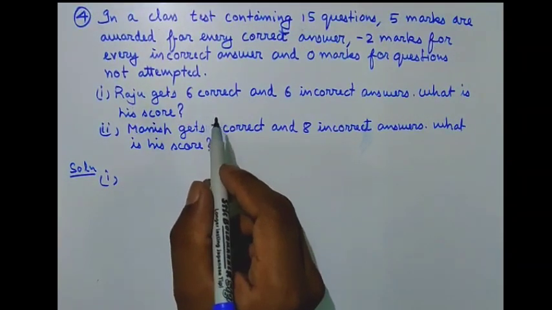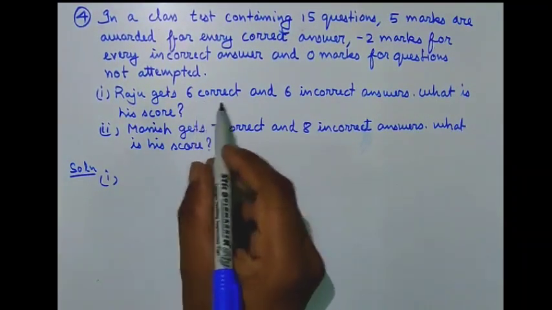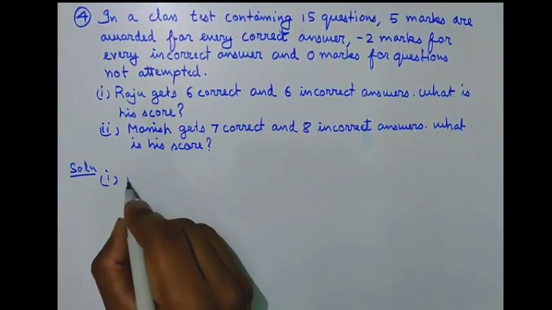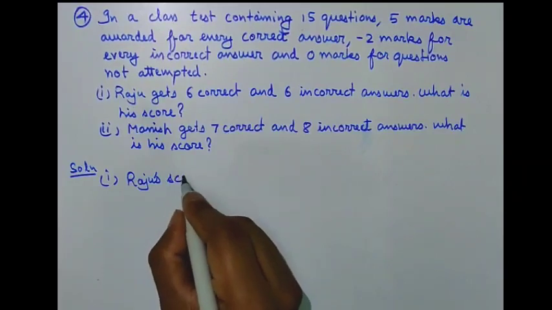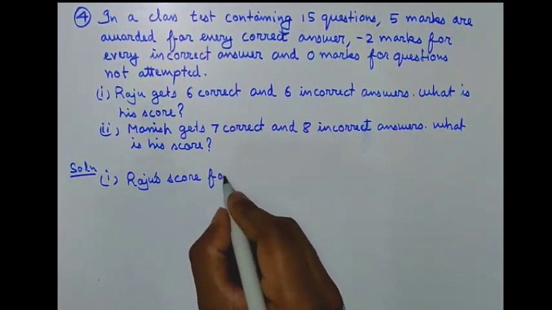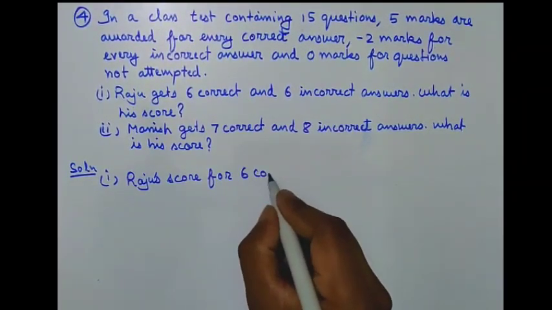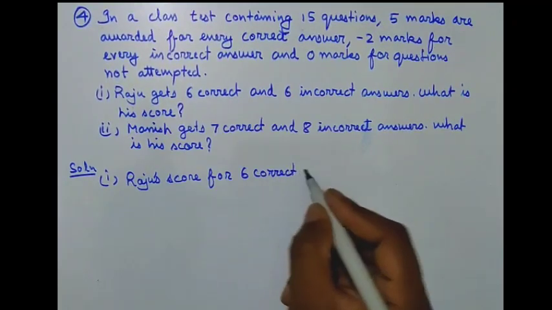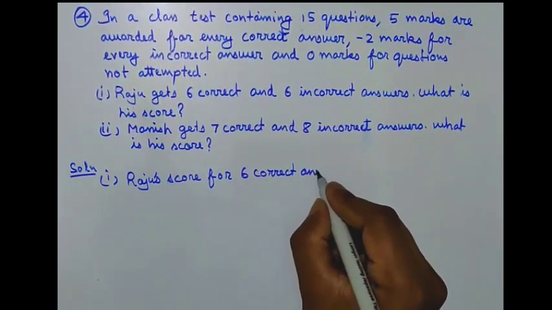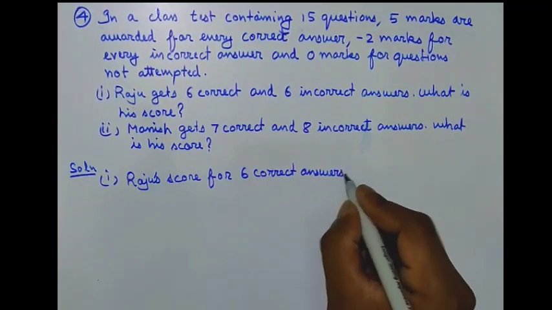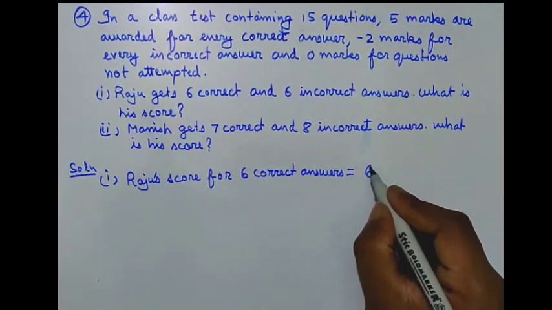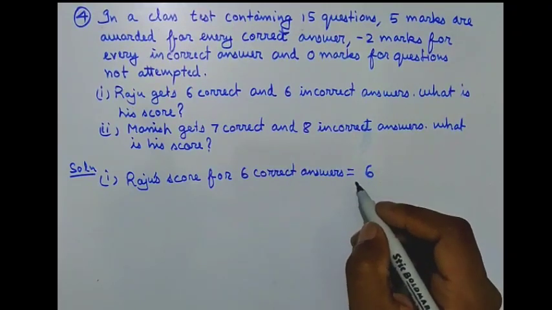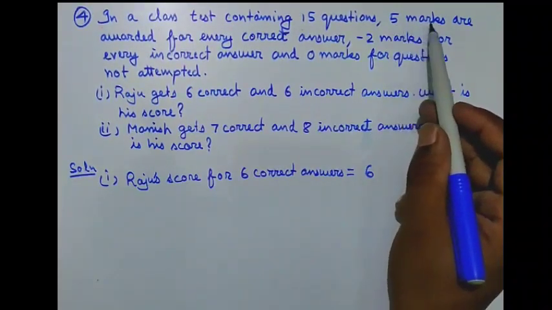Raju's score for 6 correct answers will be equal to 6 times 5, since for every correct answer he receives 5 marks.